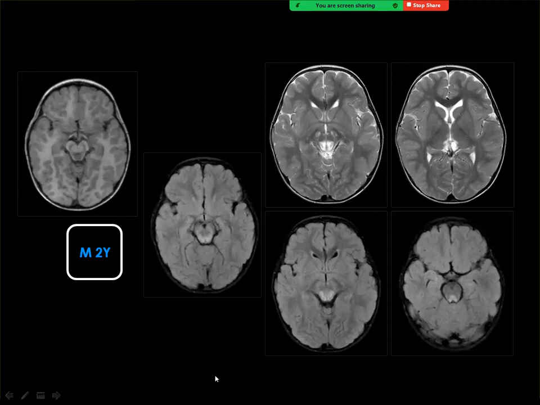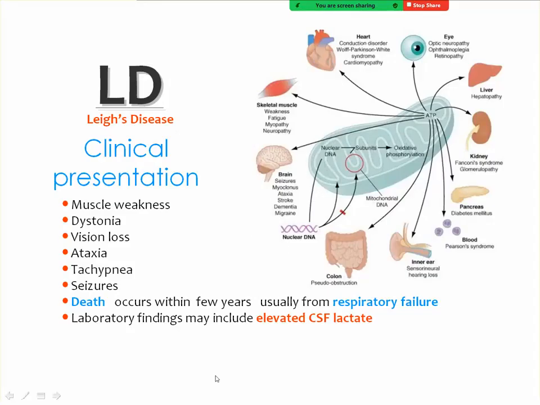A very good diagnosis. This is Leigh's disease, and Leigh's disease is a mitochondrial abnormality disease, presents by muscle weakness, dystonia, vision loss, ataxia, tachypnea, and seizures.